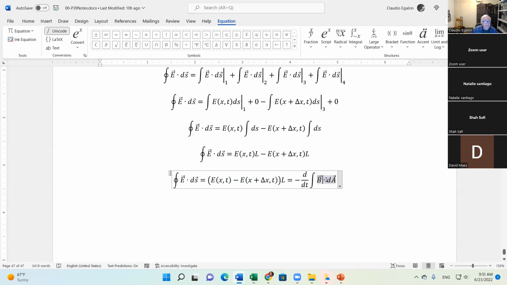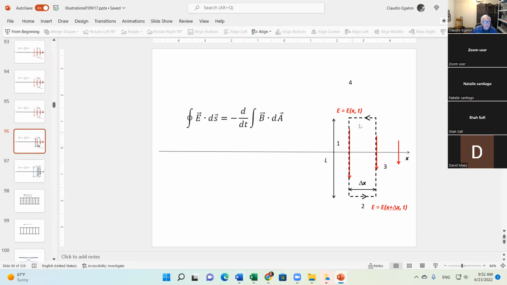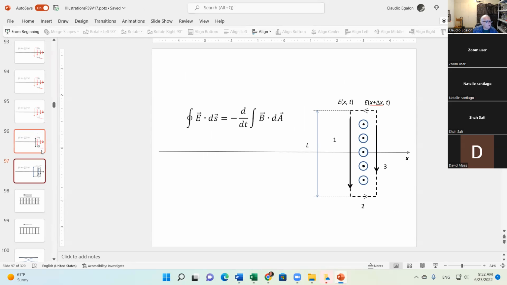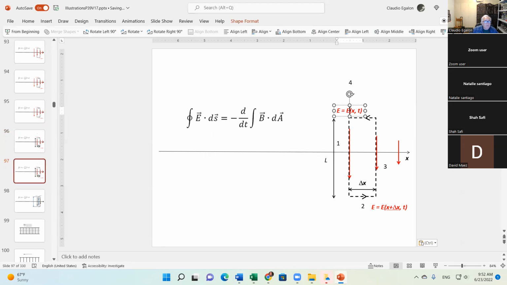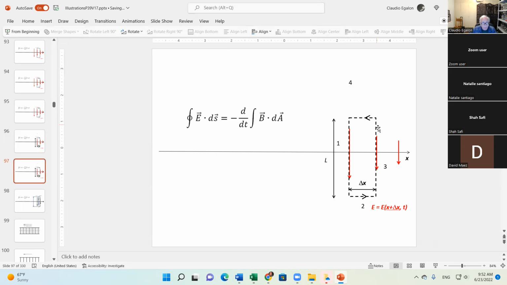And by the way, the area that we are talking about is the area enclosed by the loop. It is this area here. Don't forget that we have a magnetic field there inside, right? I'm going to fill up the magnetic fields there. And now we do not need the electric fields anymore because we already used them.